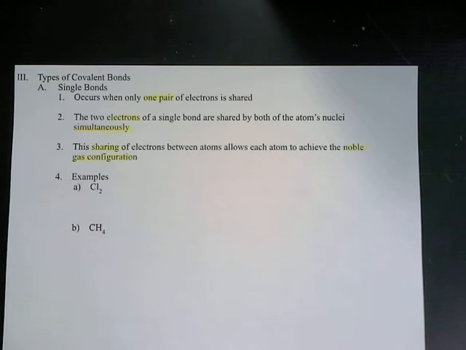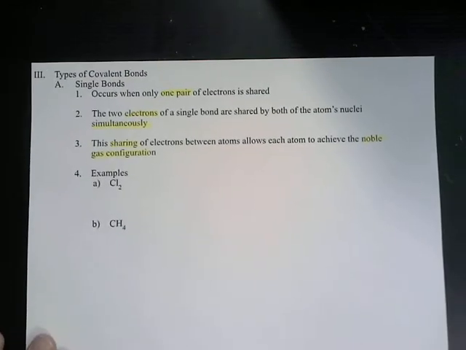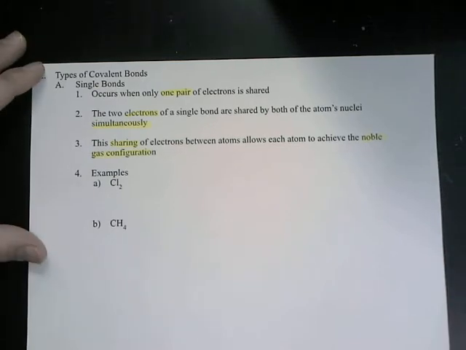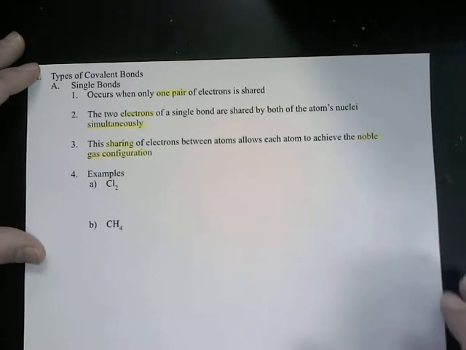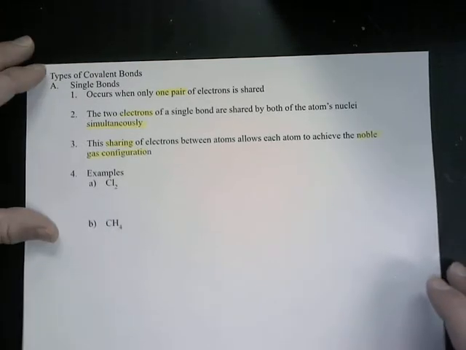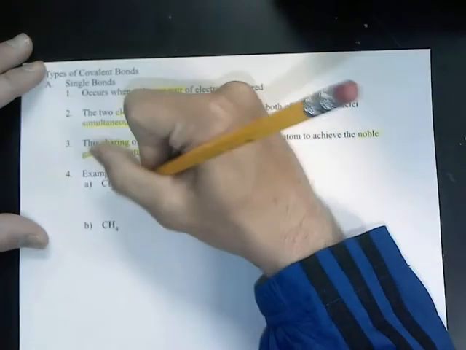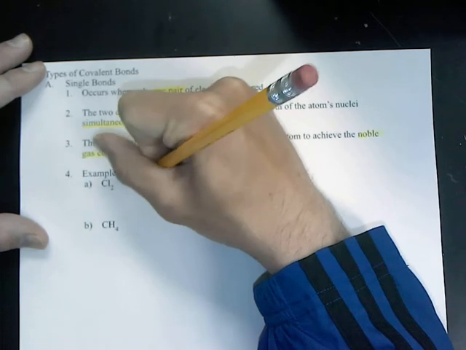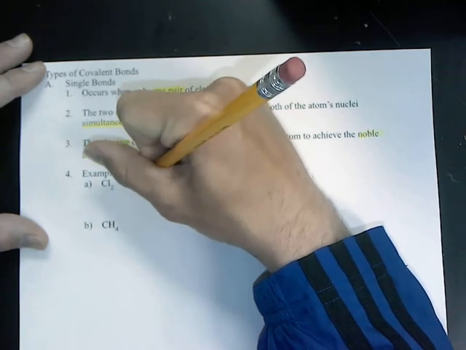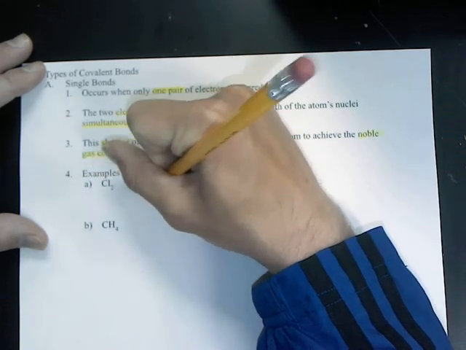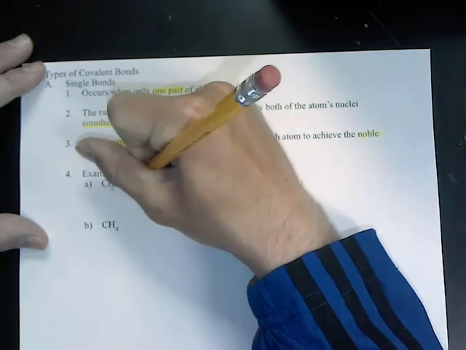That was just a real quick intro to covalent bonds. But we can talk about the three different types of bonds, the first of which is single bonds. Again, the best way to show this is through Lewis structures. If we draw the Lewis structure for Cl, it would look like this.